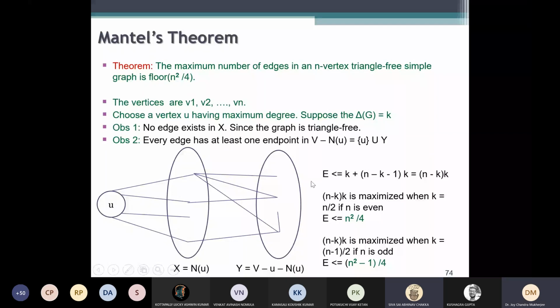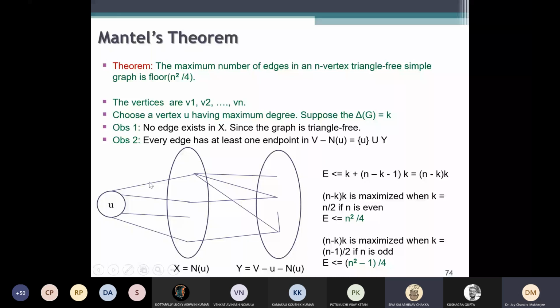So V minus NU means this is the vertex U and this total partite Y. So every edge has at least one end point which is maybe U or maybe some vertex in the partite Y. For these edges we know that one end point is in NU.